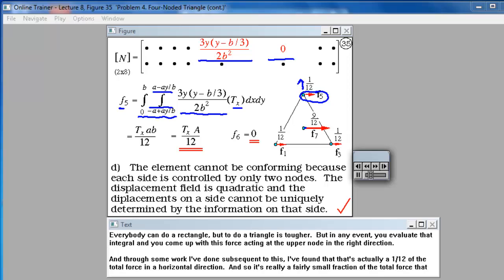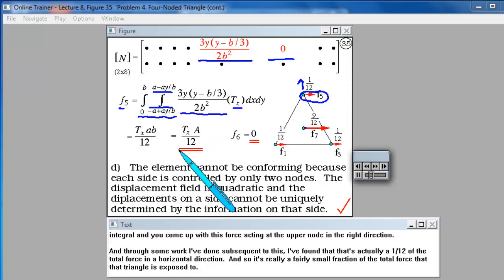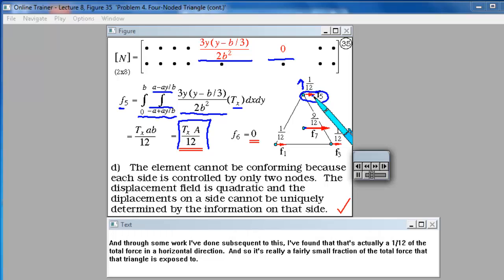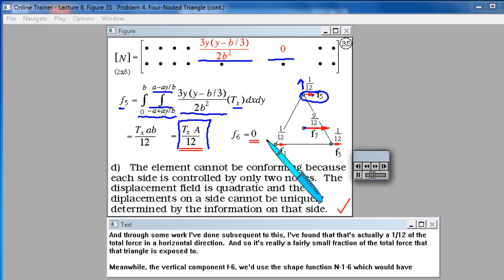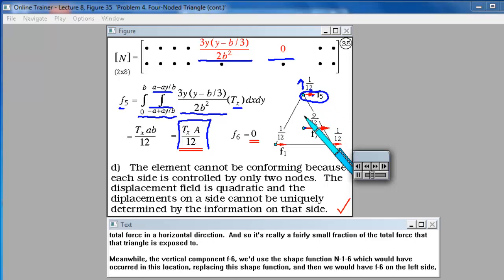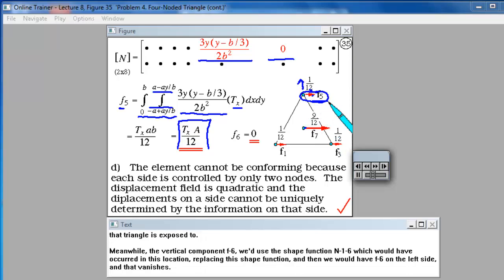Everybody can do a rectangle, but to do a triangle is tougher. But in any event, you evaluate that integral and you come up with this force acting at the upper node in the right direction. Through some work I've done subsequent to this, I've found that that's actually 1/12 of the total force in the horizontal direction. So it's really a fairly small fraction of the total force that the triangle is exposed to.